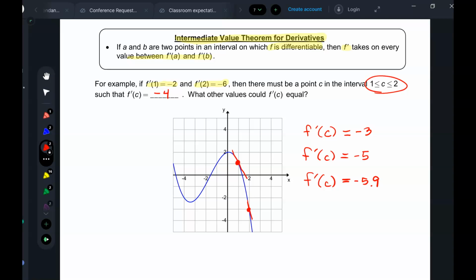I'm just using 1 and 2 because those are the values I gave you. I could have said from -4 to 0, and it still applies.